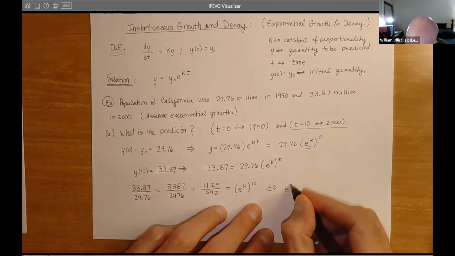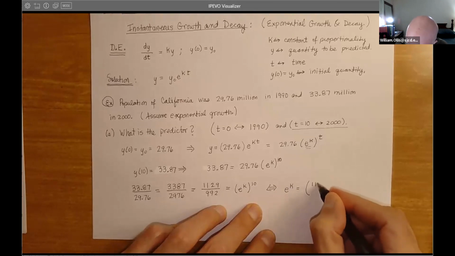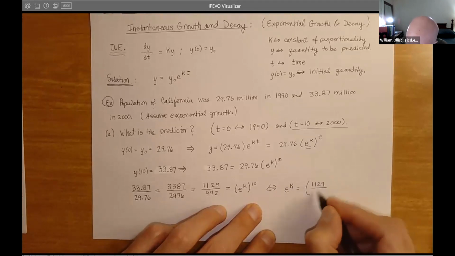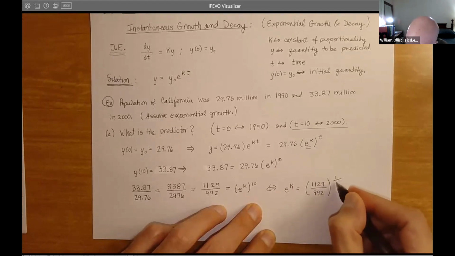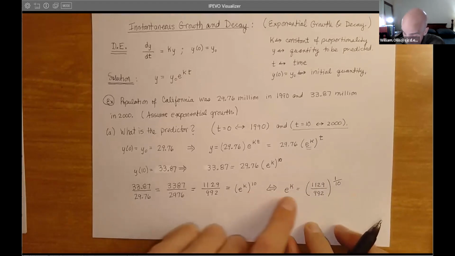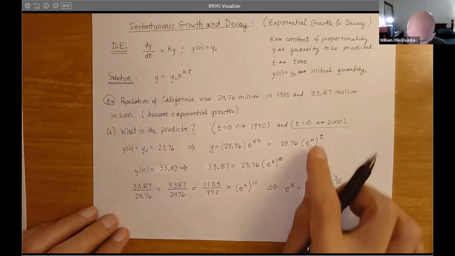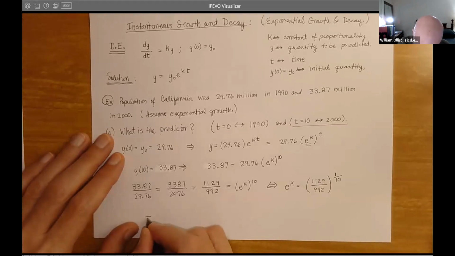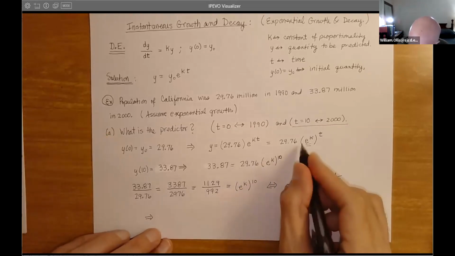e to the k equals the 1/10 power of 1129 divided by 992. So just take the 1/10 power of both sides. Here, this will absorb, and this just gives us e to the k. That's a strange base, isn't it? Very, very interesting base. So now, by the laws of exponents, we've got the predictor. So we can fill it in right there.